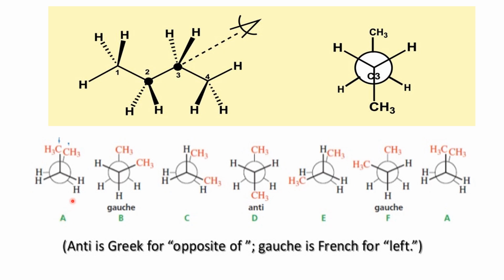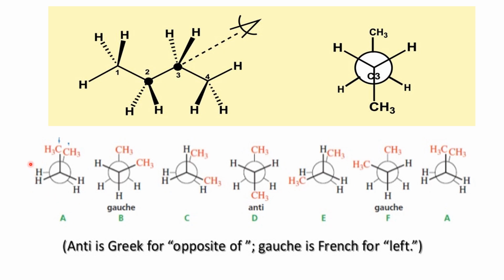Now you take these examples, these pictures. See here, in the third form, again it is an eclipsed form. But in that eclipsed form, the CH3 and H are eclipsing.